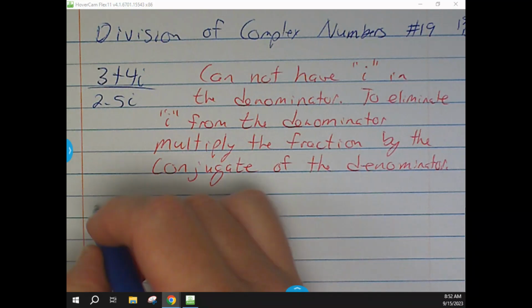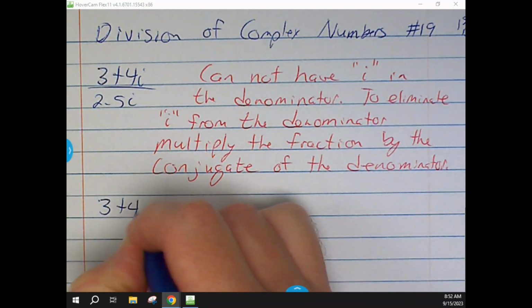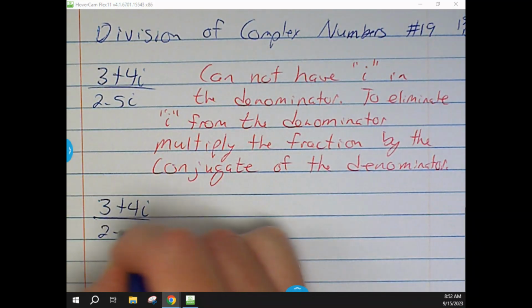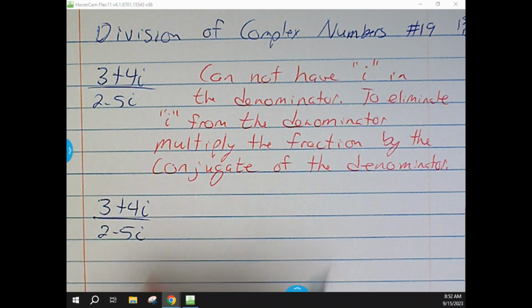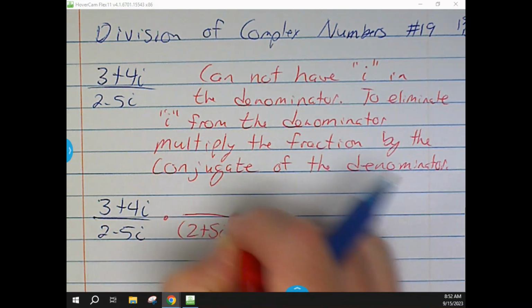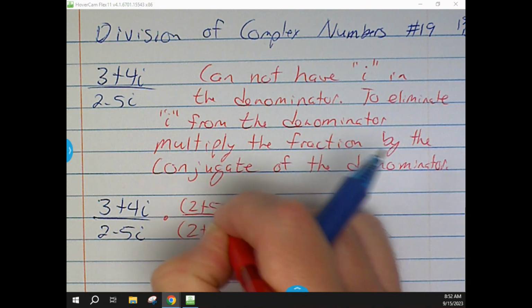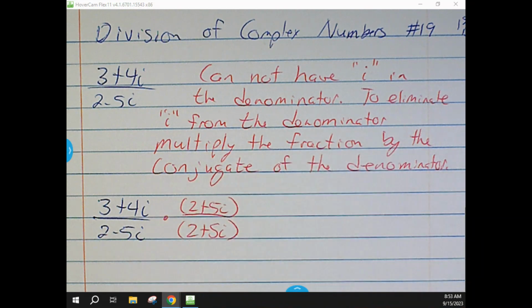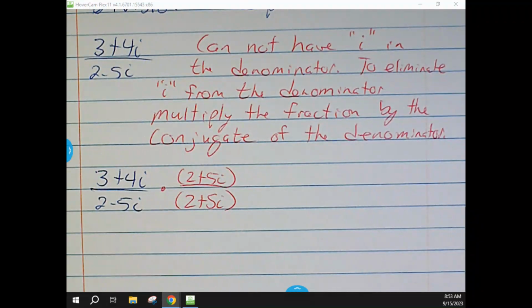So for this particular problem, instead of 2 minus 5i, we're going to multiply by 2 plus 5i. And because it's a fraction, to keep it equal, if you do something on the bottom, you've got to do that exact same thing on the top.